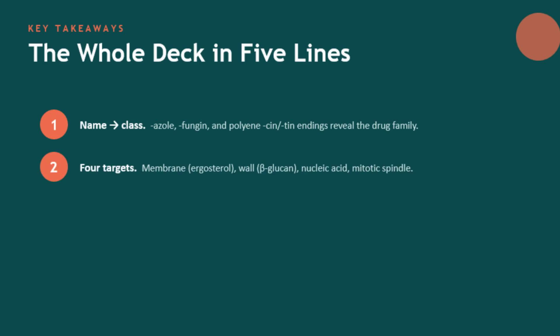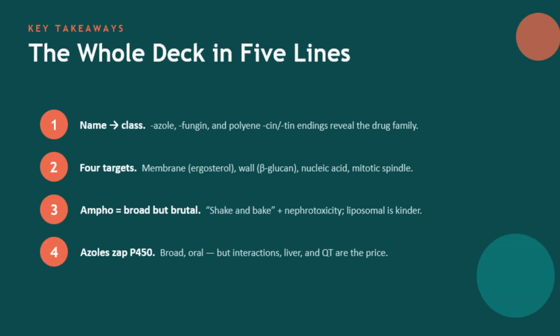Let's tie it all together in 5 lines. 1. The name reveals the class: -azole, -fungin, and the polyene -syn or -tin endings. 2. There are 4 targets: the membrane, the wall, nucleic acid, and the mitotic spindle. 3.